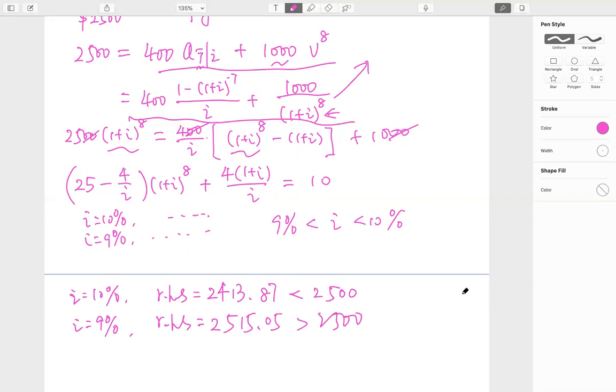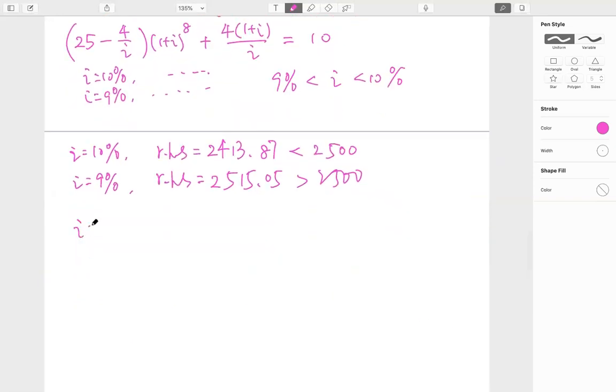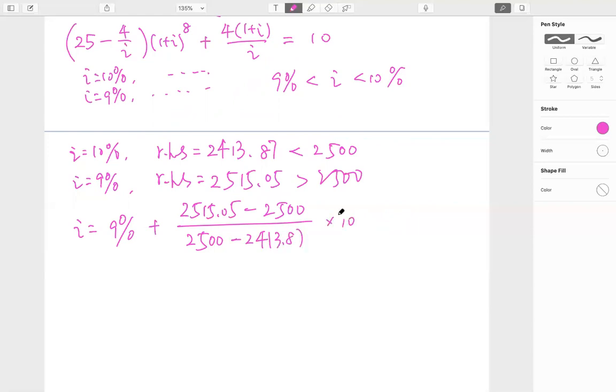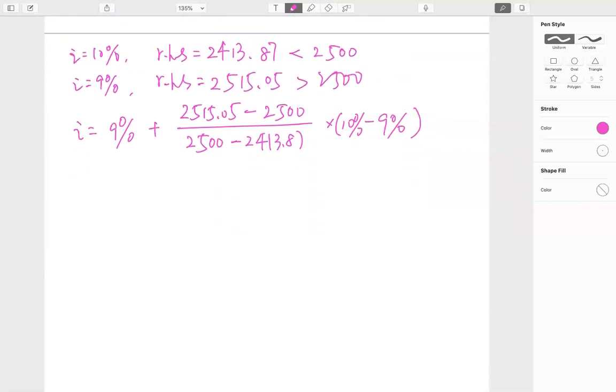What I mean by linear interpolation is to use my left endpoint plus the right-end value minus what I want, divided by what I want minus the previous one, times 10% minus 9%. Basically, this is the graph: this is i, and this is the right-hand side.